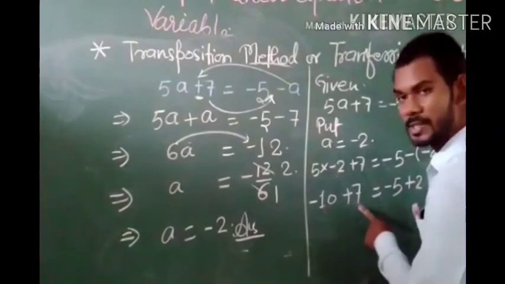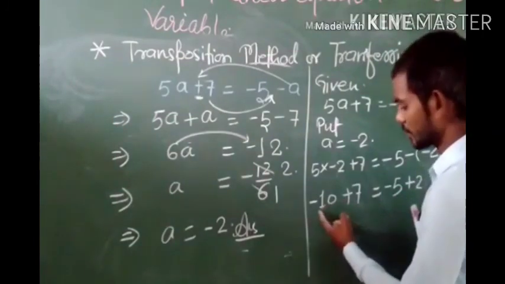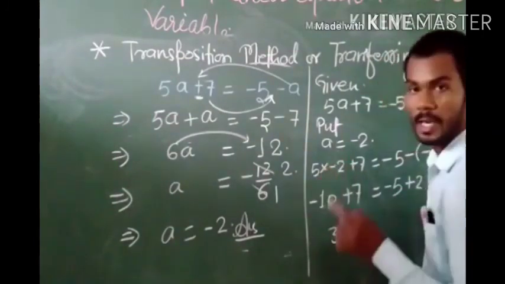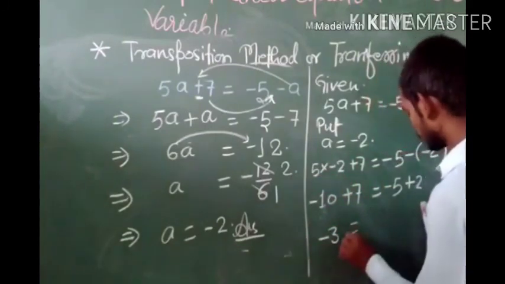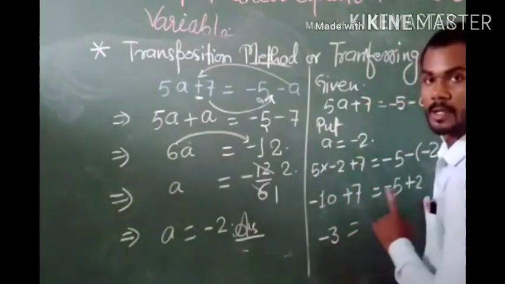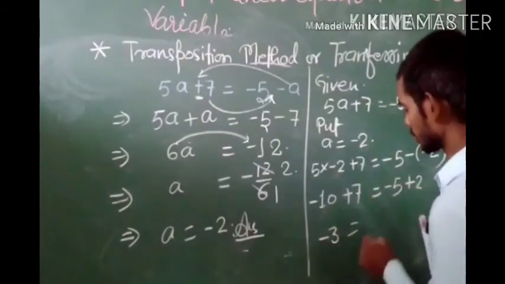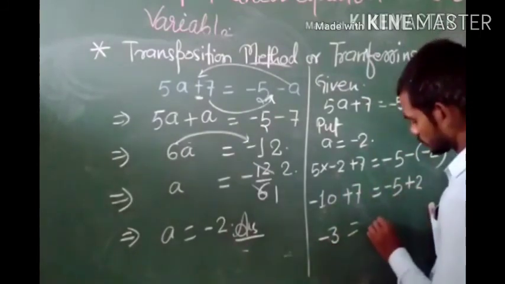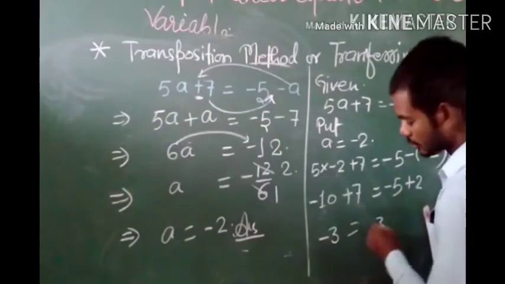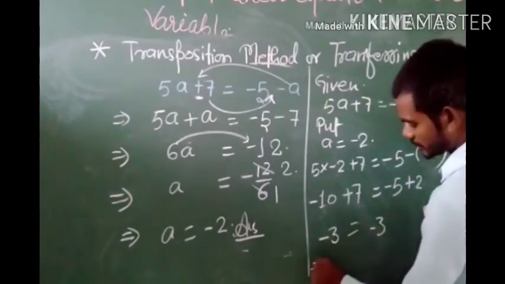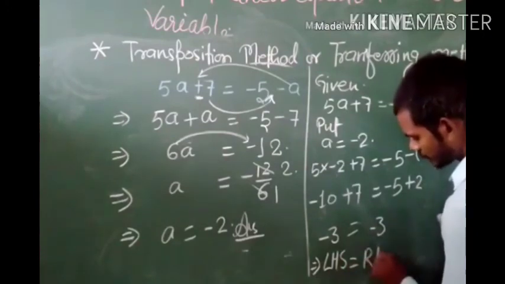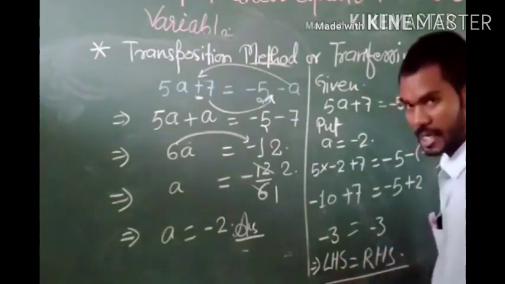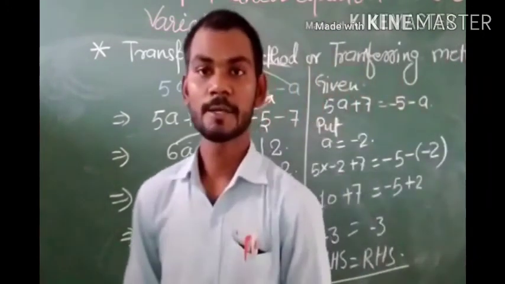Minus 10 plus 7, it becomes subtracted and we have 3, and the sign of the greater, that is minus 3, and this is equal to minus 5 plus 2. It is also subtracted. 5 minus 2 is equal to 3, sign of the greater, that is minus 3. This implies left hand side is equal to right hand side. That is, our solution is correct.